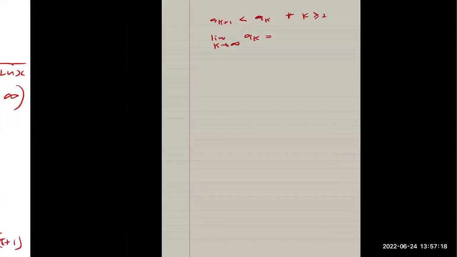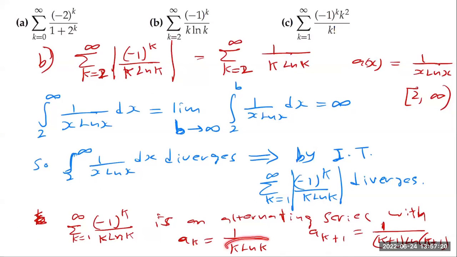That tells you that a_(k+1) is strictly less than a_k for all k greater than or equal to 2. We also have the limit as k approaches infinity of a_k. This takes the form 1 over infinity, that is 0.